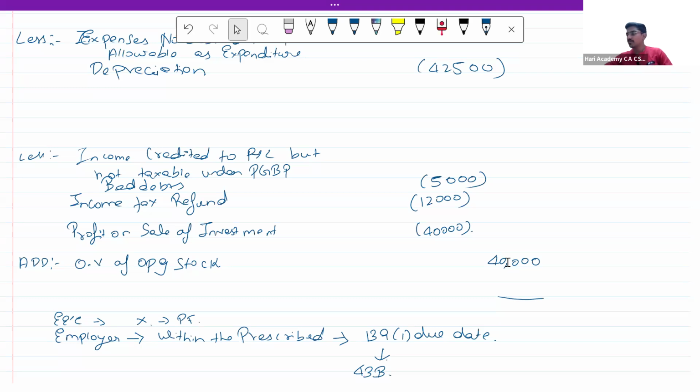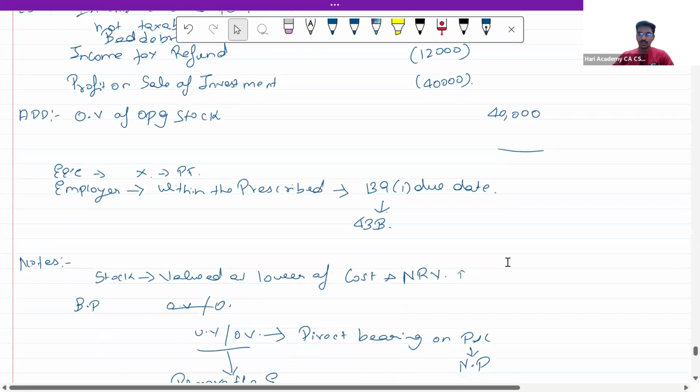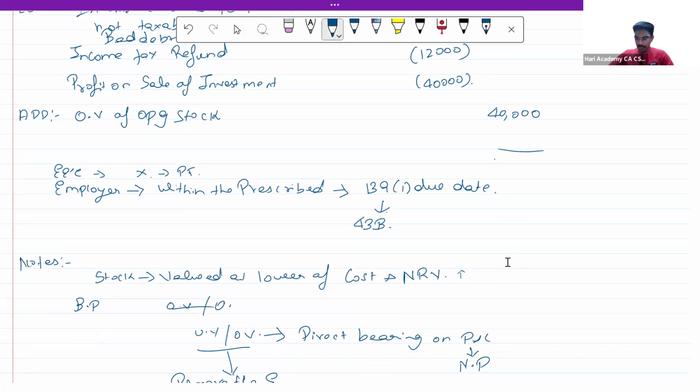So the total is going to come to somewhere around 286,850. This is my total income from PGBP.